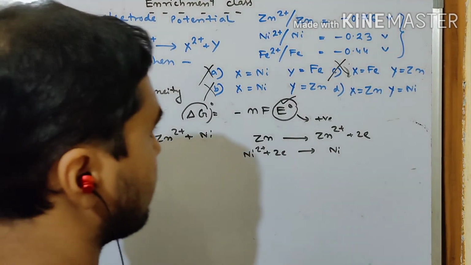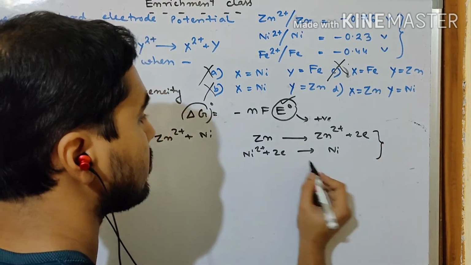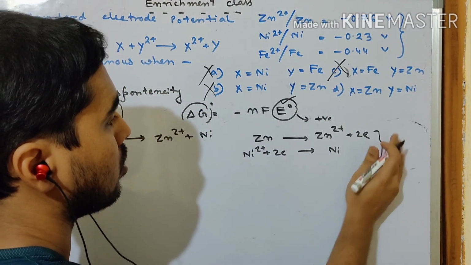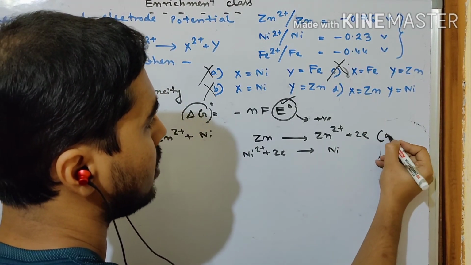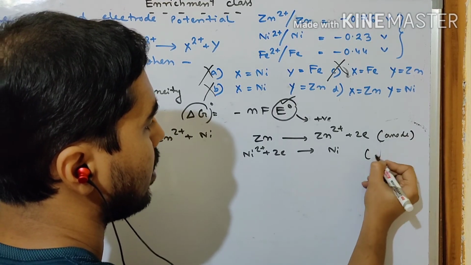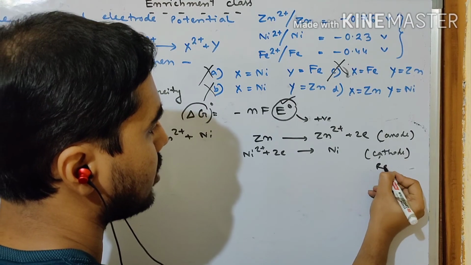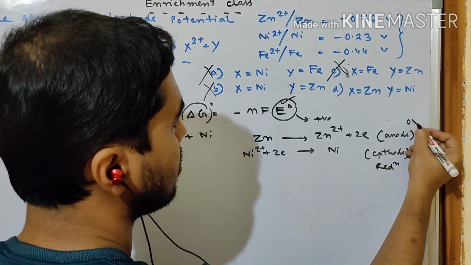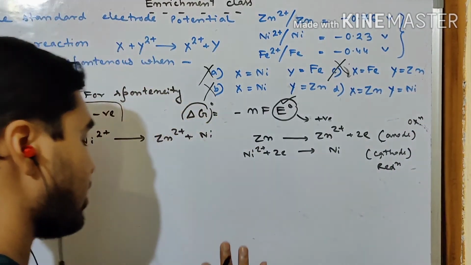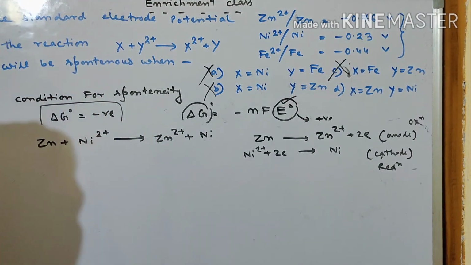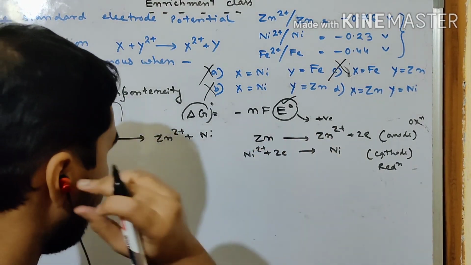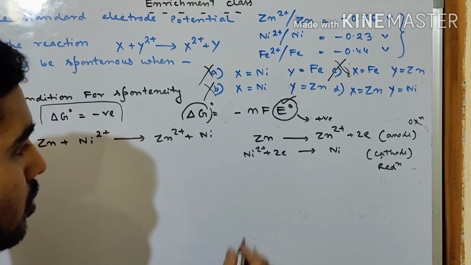As a matter of fact, from these two, obviously this one is anode and this one is cathode. It means reduction and oxidation both take place over here, and the zinc electrode should be treated as anode.